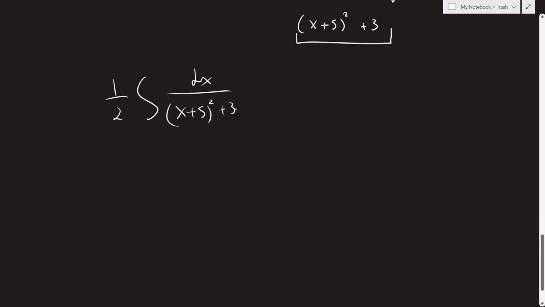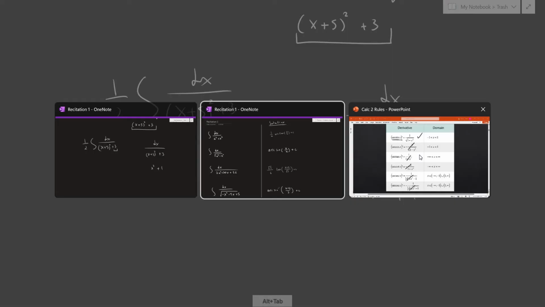Okay, so first of all, let's take the 3 outside, because the form, let's check which form it is first. So it's x plus 5 squared plus 3. So there's x squared here and plus a constant here, or let's say 1. Okay, just for now, but later you can predict on your own.